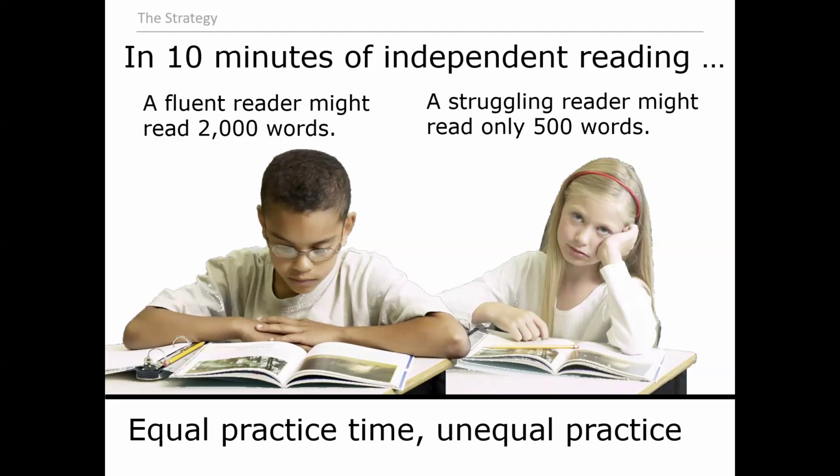So think about how that disparity is going to play out over the course of the year. What can we do? We need these students to read more, but simply asking them to read on their own is not going to work. The National Reading Panel concluded that a more effective course of action is for us to explicitly teach developing readers how to read fluently, step by step.